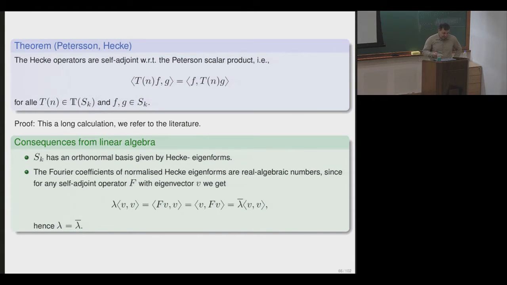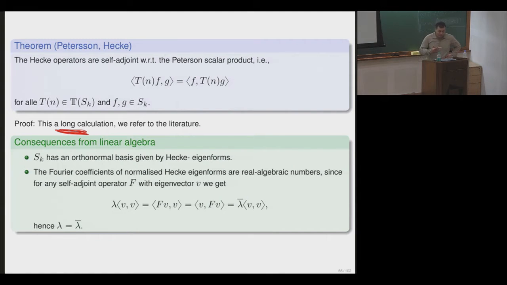And what is the next theorem? For this, I will be honest. This is a long and nasty calculation, and even people are not satisfied with every presentation in every book. For example, if you go to the book of Knapp on elliptic curves, then you have to take a deep breath and accept what he's writing.